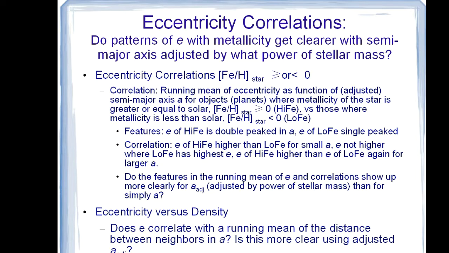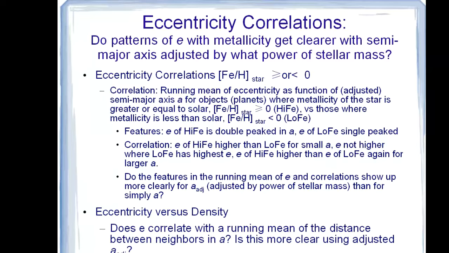I mean all the parameters for objects where the star has solar or higher metallicity: compared to the mean eccentricity for objects with a lower-metallicity star, the eccentricity is higher with higher metallicity.